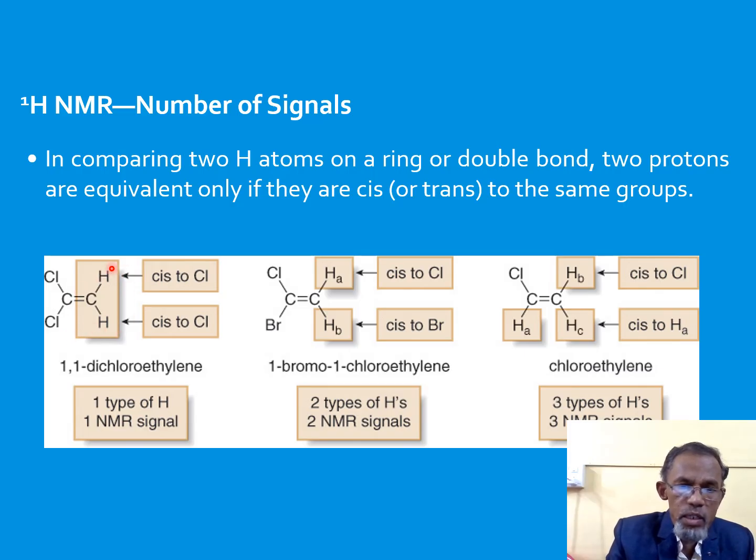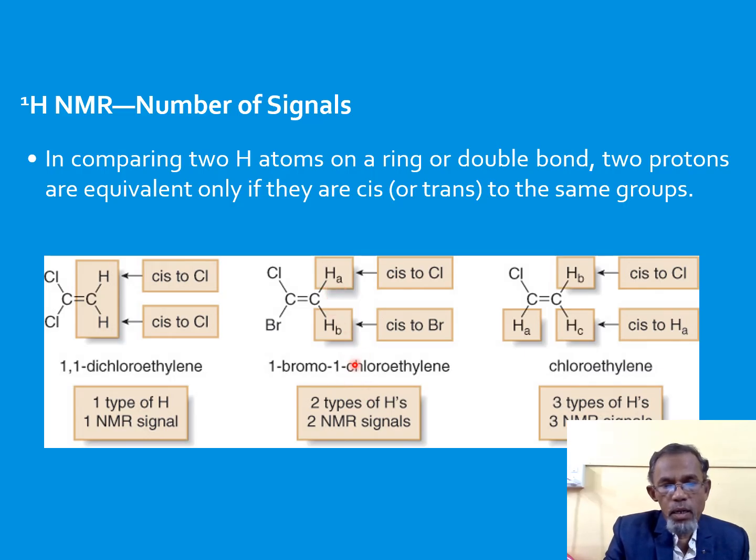If you look at the structure, the environment of the protons is similar, thereby we get only one NMR signal for this 1,1-dichloroethylene compound.